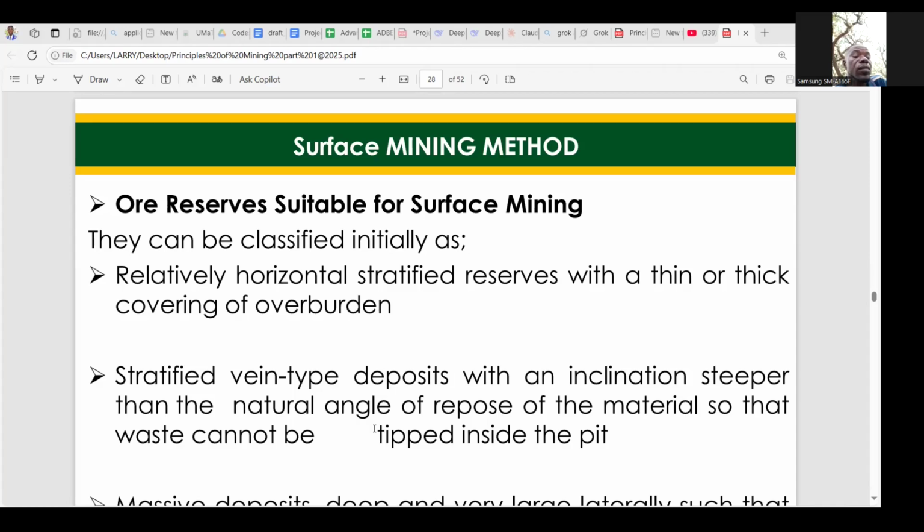That is why I said in the exploration stage, that is where we get to know all these things. If my ore is very deep from the surface, it means that I should go for underground mining method. But if my ore is lying very close to the surface, it means that I should go for surface mining method.